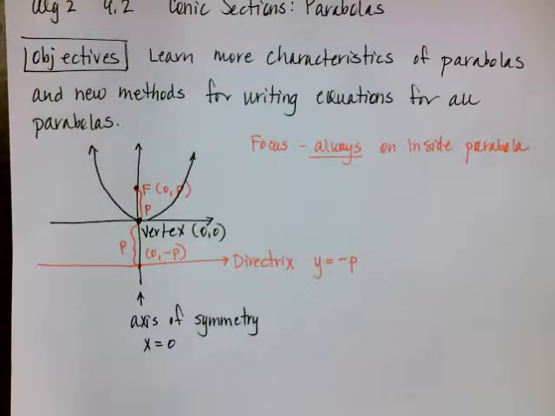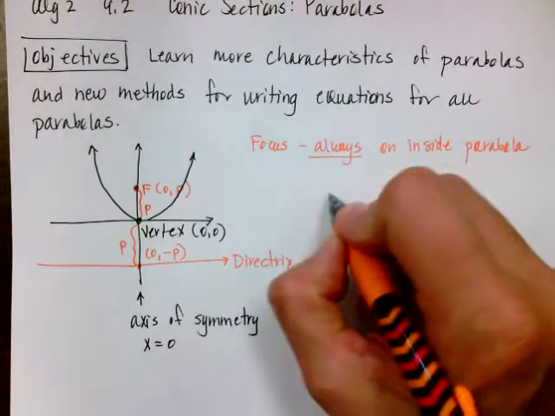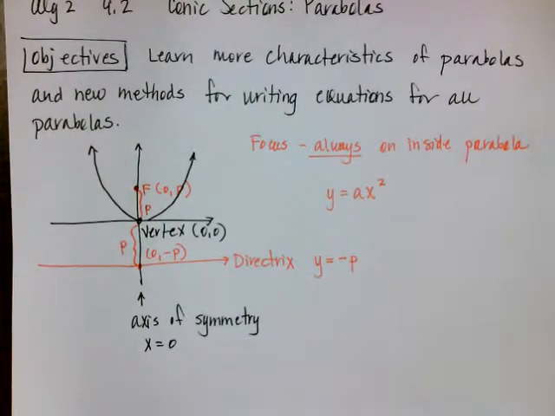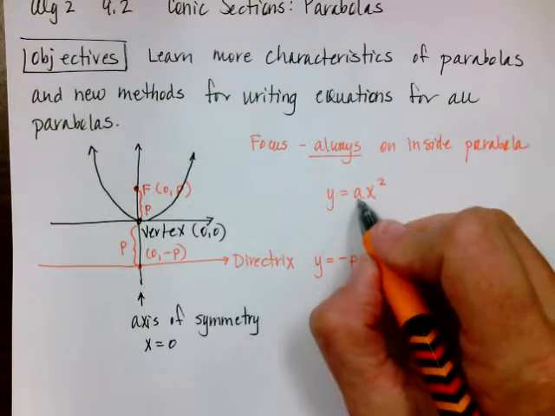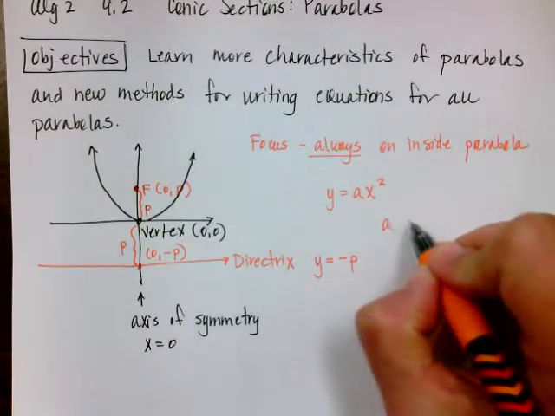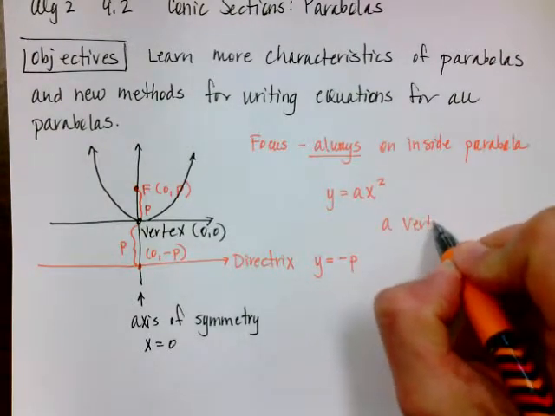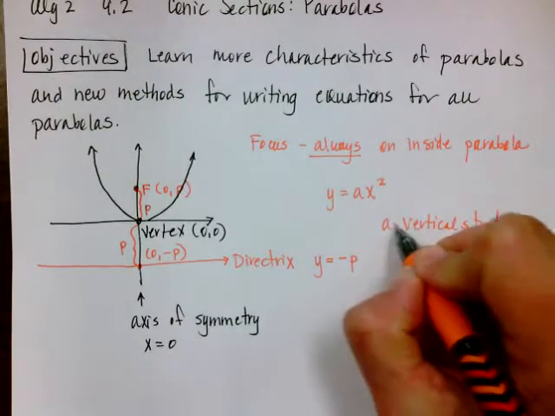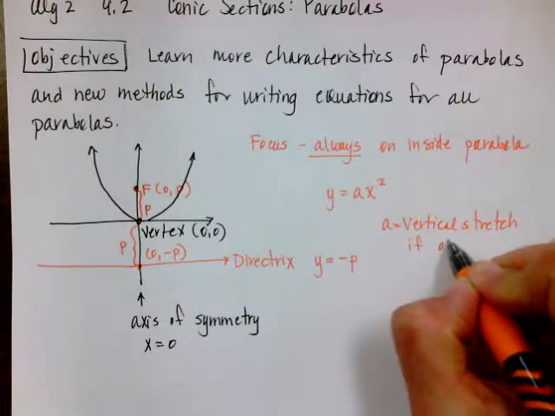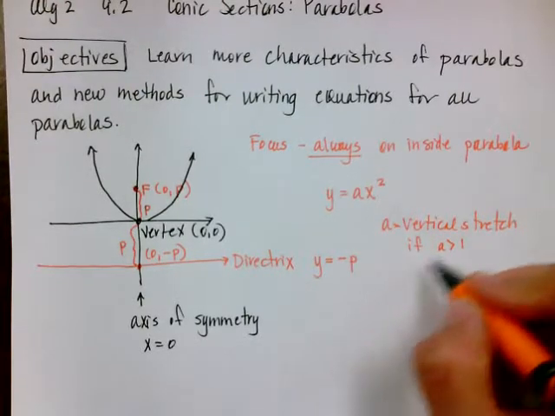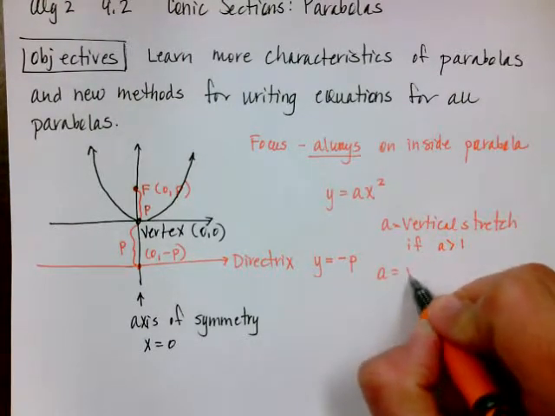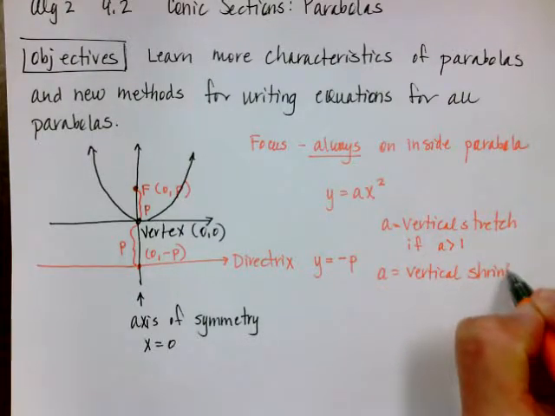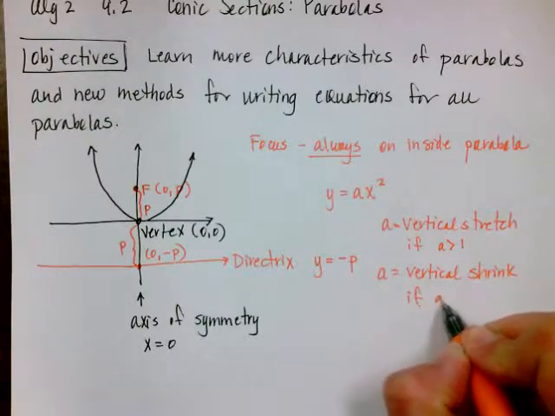The generic formula that we had in previous chapters would be y is equal to ax squared. The a did lots of things. It was our vertical stretch factor if a was greater than 1, and a vertical shrink if a was less than 1.